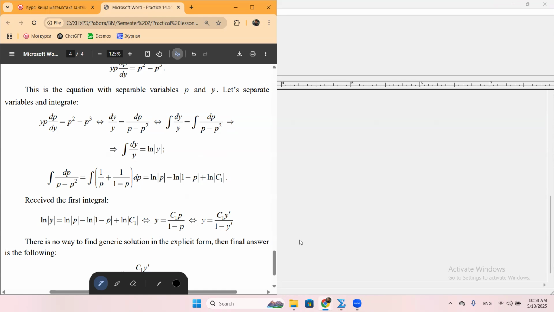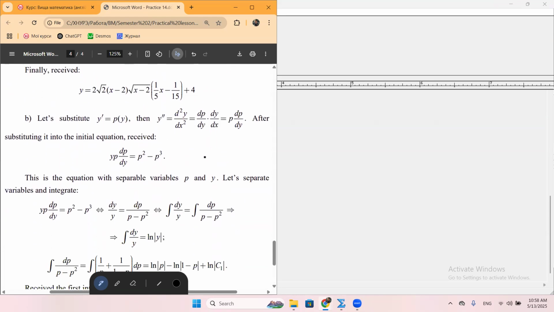Maybe we can simplify it a little bit more. Let me see how it is actually done in different examples.